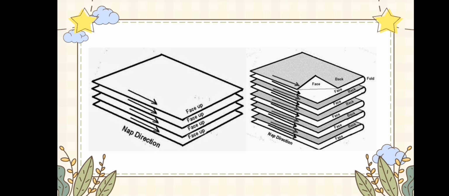Then when you say face-to-face spread, as you can see in the picture, the very top of the fabric is facing down, and then the next is facing up. Then the next fabric is facing down, then the next is facing up. So that is face-to-face spread. It's like they're facing together. And we can also say that the wrong side is also facing together.